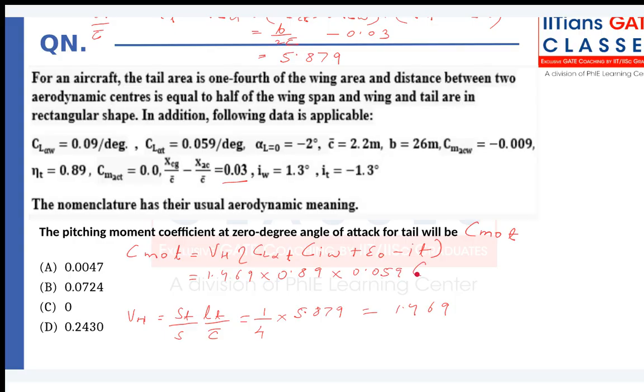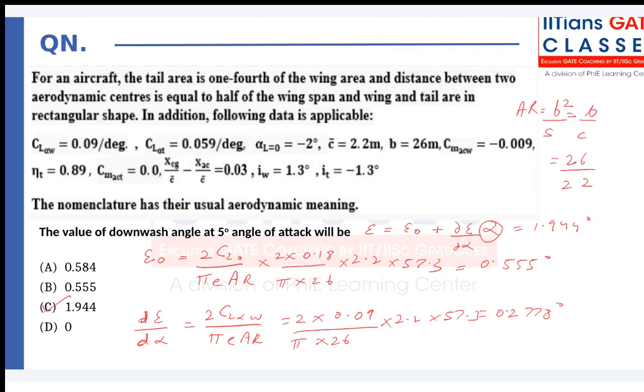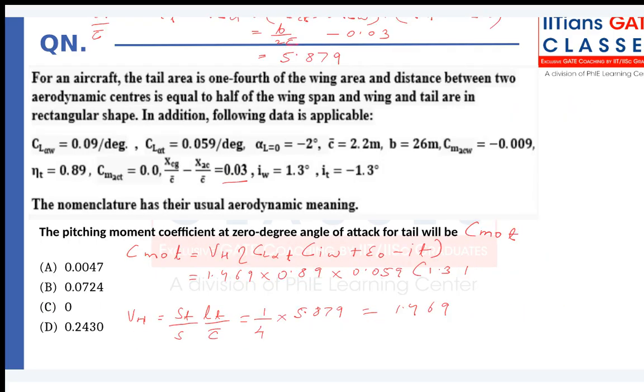So 1.3 plus epsilon naught we had found out in the previous slide, 0.555, minus tail setting angle. Okay, try solving this. I'm getting 0.243.